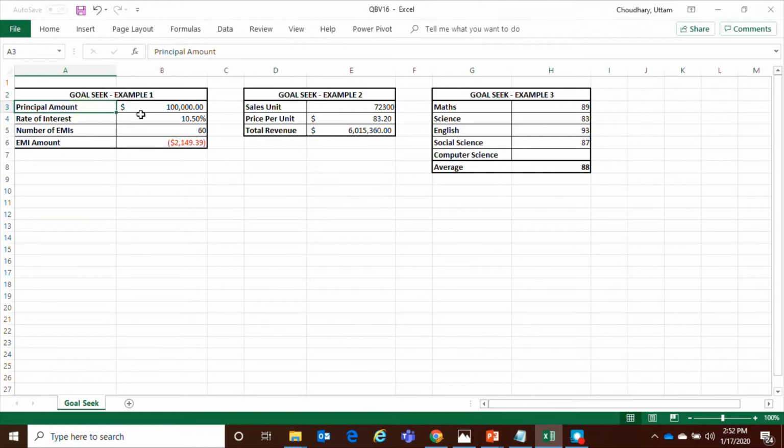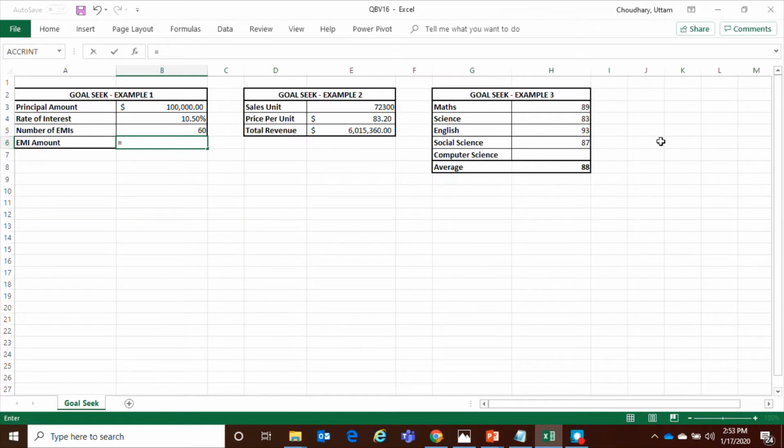The principal amount is $100,000, the rate of interest is about 10.5%, and the number of EMIs, or the number of times the payment needs to be done, is 60, and the EMI amount turns out to be $2,149.39. Let me do that one more time for you, how I arrive at the EMI amount.